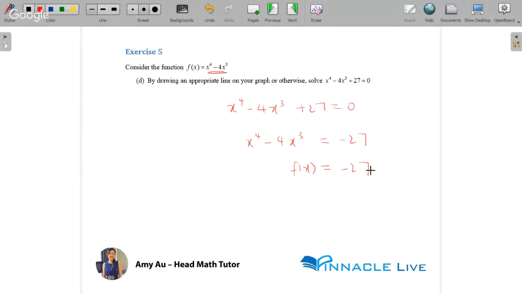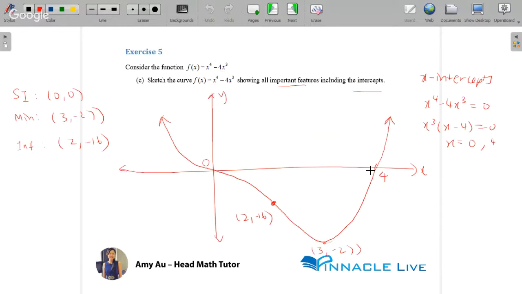So going back to that graph itself, let's use a different color, blue. You can see that minus 27 is down here. So if I drew a line, y equals minus 27, that's what you're looking for. You're looking for where this function is at minus 27, which is at that point.